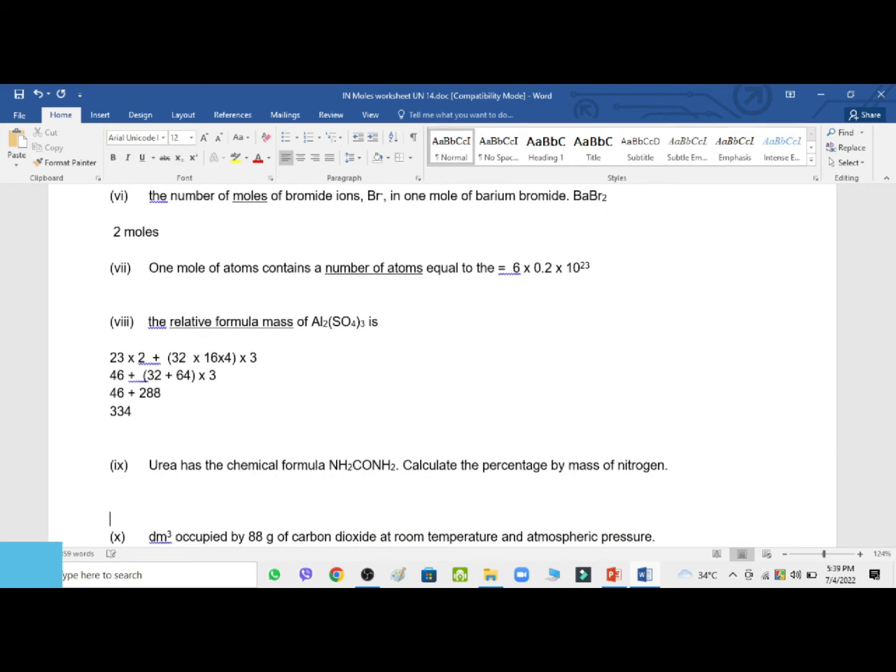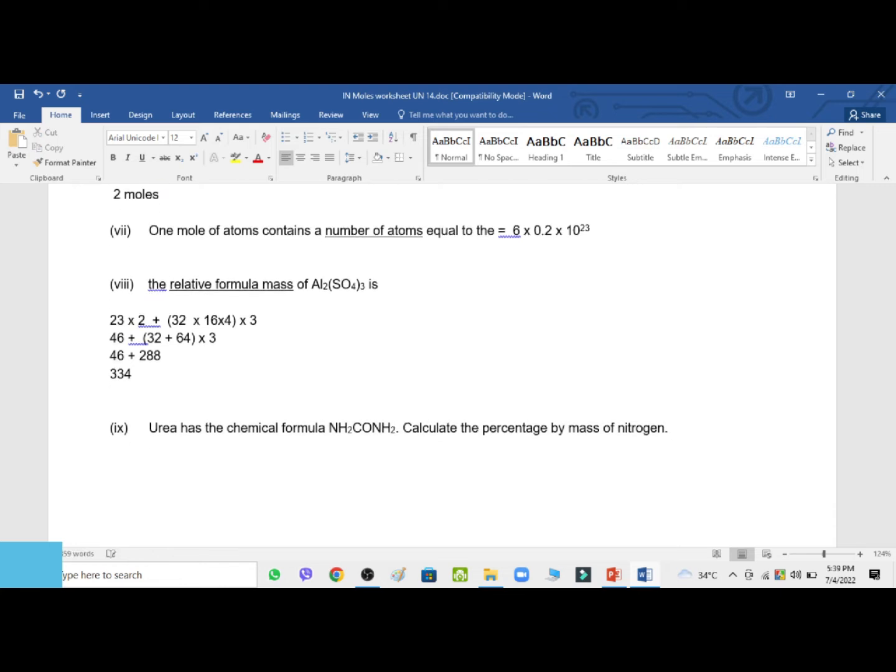And next, urea has the chemical formula. Calculate the percentage by mass of nitrogen. How do we get it? First, see how many nitrogen atoms there are here: 2 nitrogen, 1 here and 1 here. 1 nitrogen means 14, so 2 nitrogen is 14 into 2.